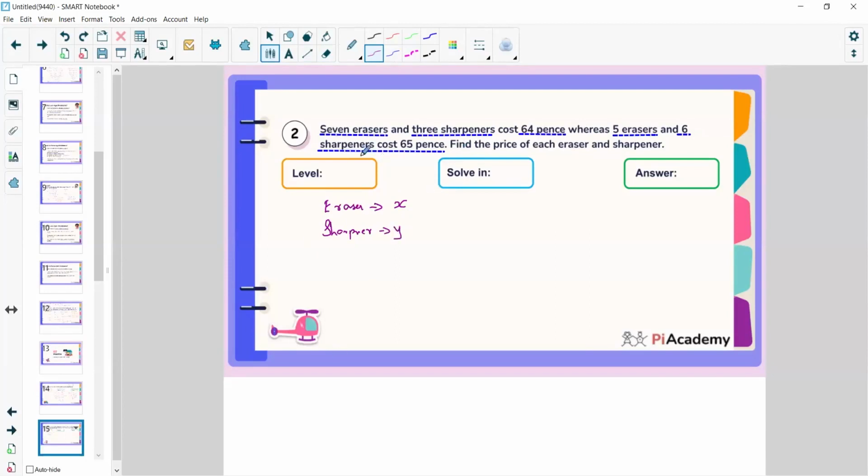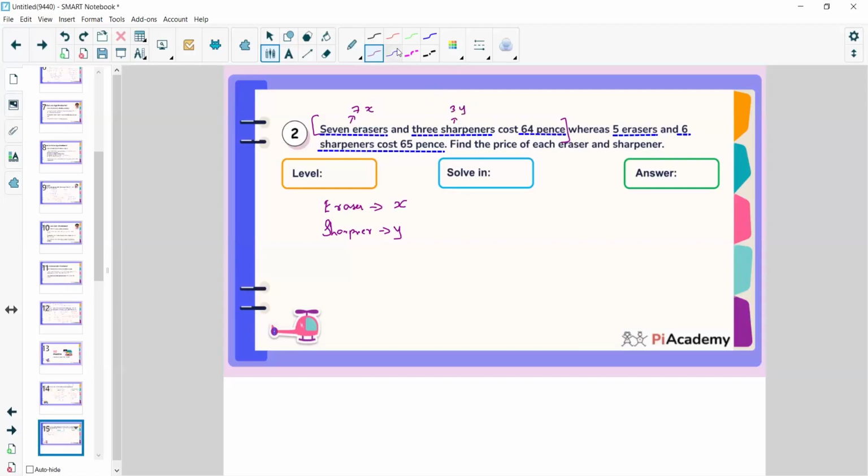Now, who can help me gather the first equation using this info? 7 erasers and 3 sharpeners cost 64 pence. So basically, it is 7x. What is the cost of 7 erasers? 7x. Good. What is the cost of 3 sharpeners? 3y.